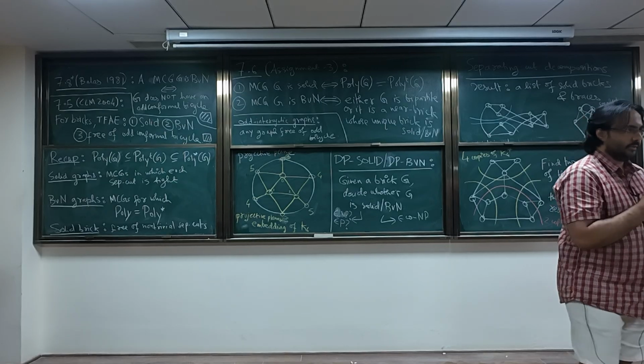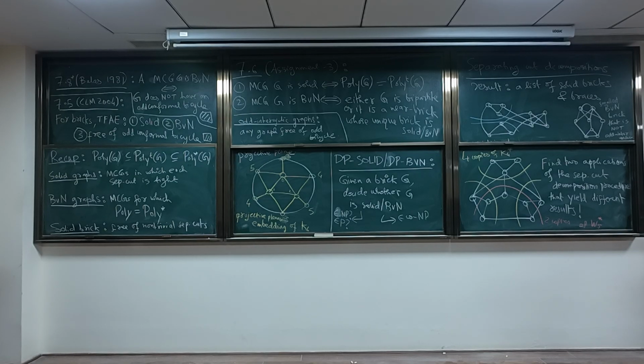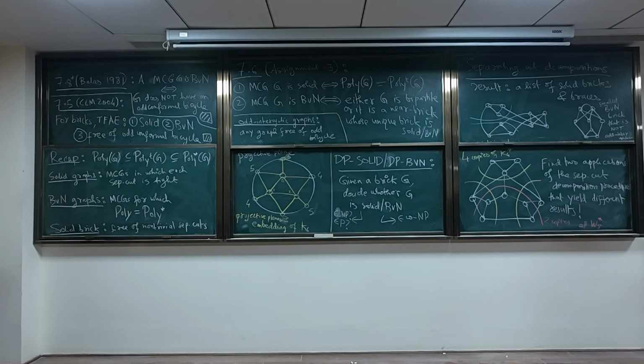I'm going to skip the condition, you can read about it later. Right? So they gave a complete characterization of odd-intercyclic graphs. And because of their work, you can actually decide in polytime, if I'm not mistaken, whether a given graph is odd-intercyclic or not. Maybe you need some connectivity conditions, but that should probably not be an issue for the original decision problem. That should just be like a reduction.